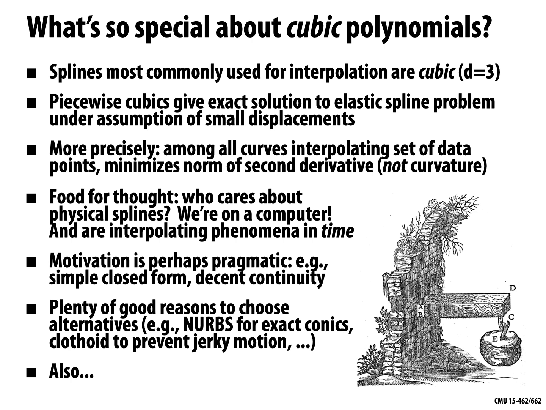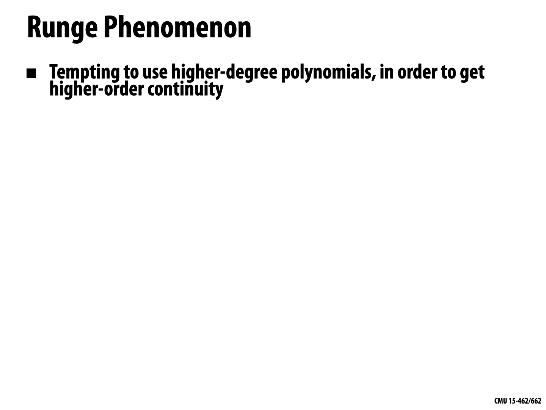Also, another important reason why we use fairly low degree polynomials is something called the Runge phenomenon. It's really tempting, if I have a lot of data points that I want to match, to say: why don't I use a really high degree polynomial that just goes right through them?